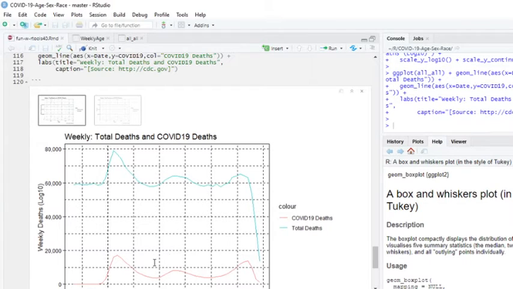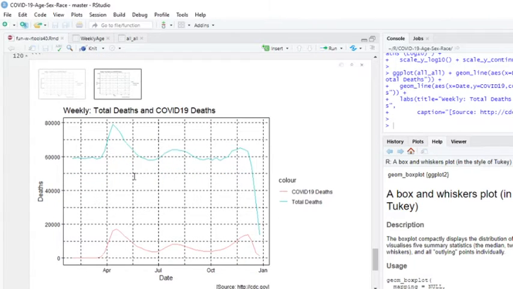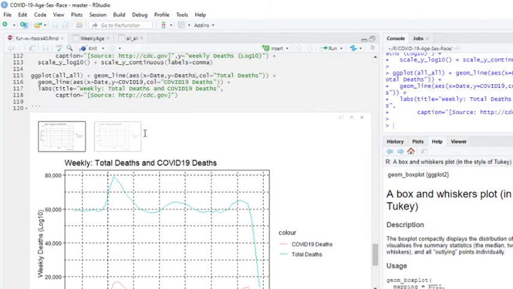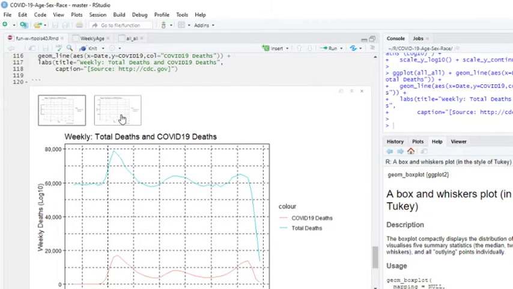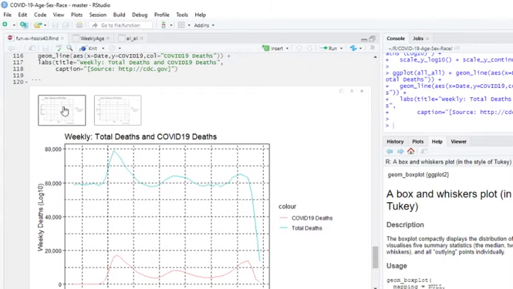You can still see a huge difference here in the number of deaths. What about total deaths and COVID-19 deaths? This here should be a log scale, right? So the numbers should look a little different, except they don't. This doesn't really affect anything, does it?